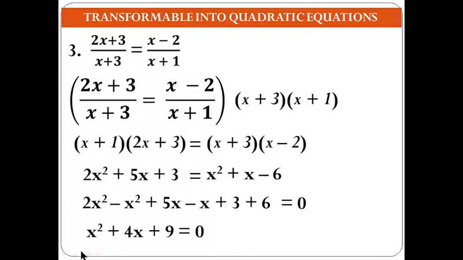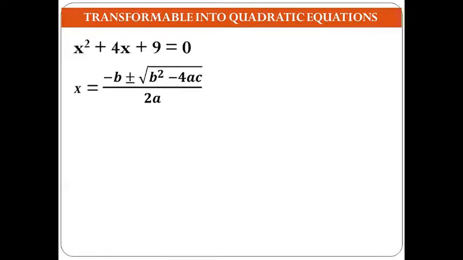So, hindi pa na natin na-identify ang solution. So, we need ulit gamitin ang ating quadratic formula. So, again, before using the quadratic formula, we need first to identify the values of A, B, and C. A is 1, B is 4, and C is 9.